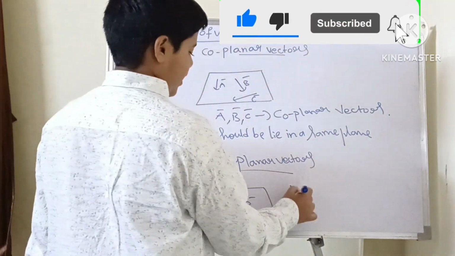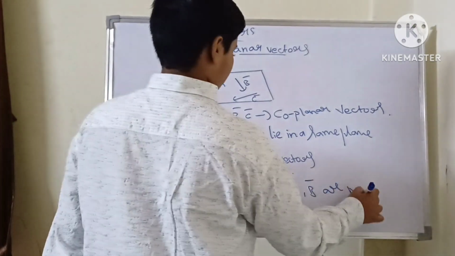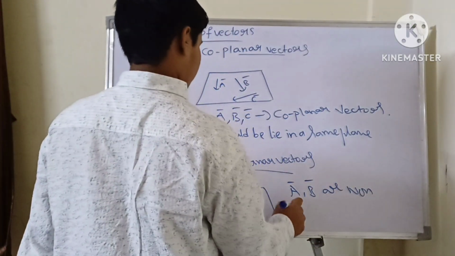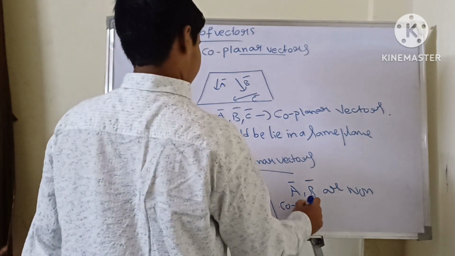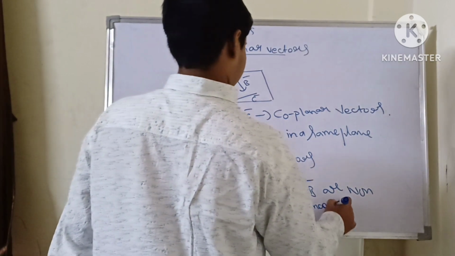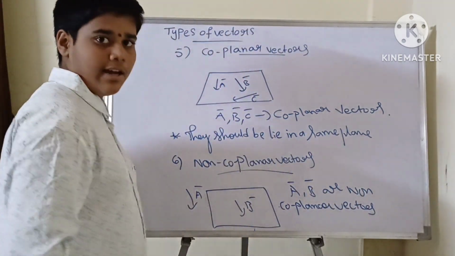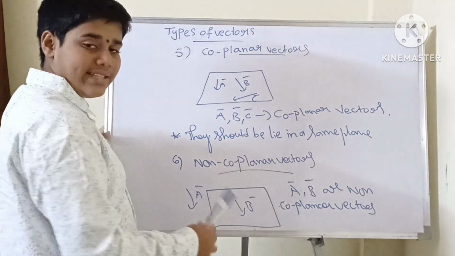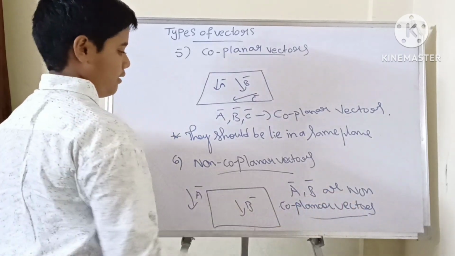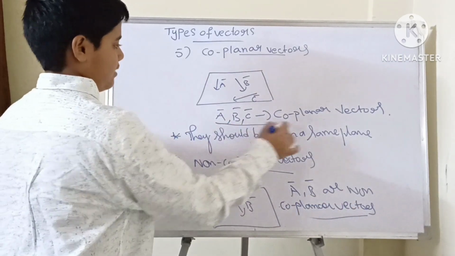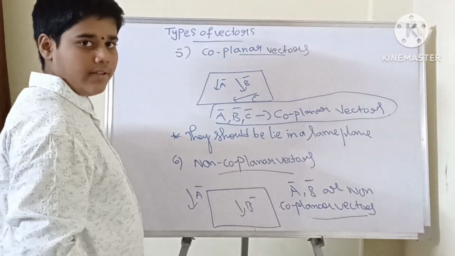So here A bar and B bar are non-coplanar vectors, because these two vectors are not in the same plane. Here A, B, C are coplanar vectors. Okay?